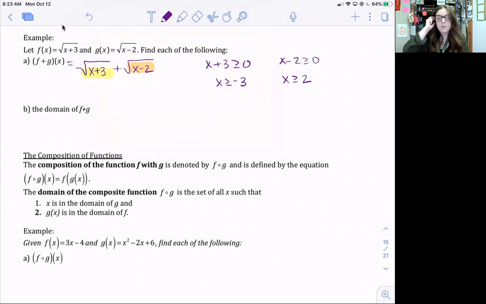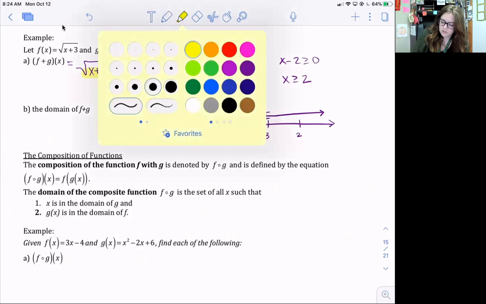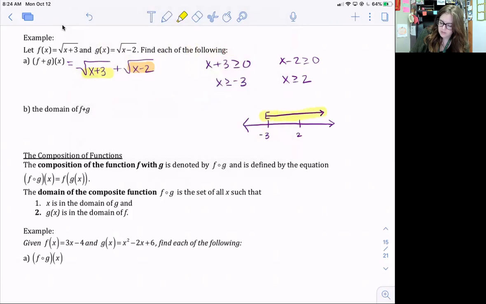With square roots, we want to see where they overlap. So I'm actually going to do this on a number line, just so you guys can see it visually. So on our first one, that's our x plus 3. And then on our second one for x minus 2, we have x is greater than or equal to 2.